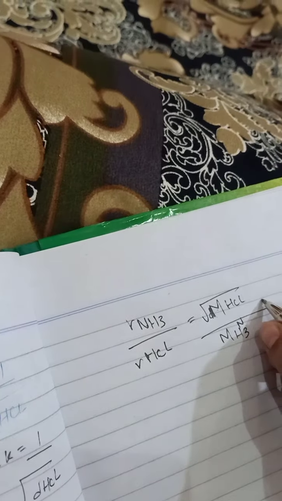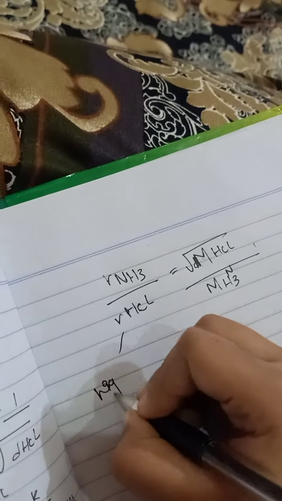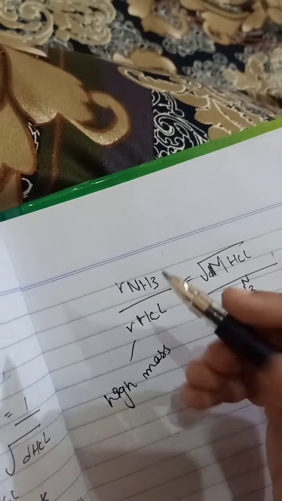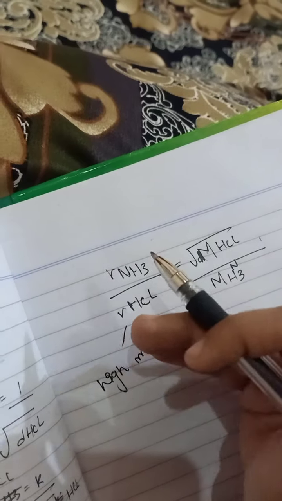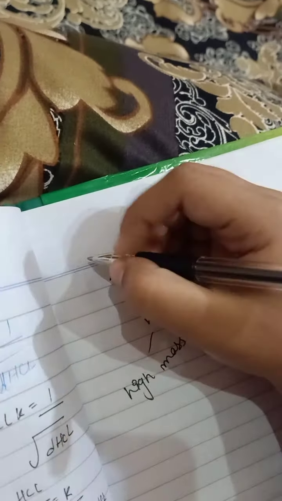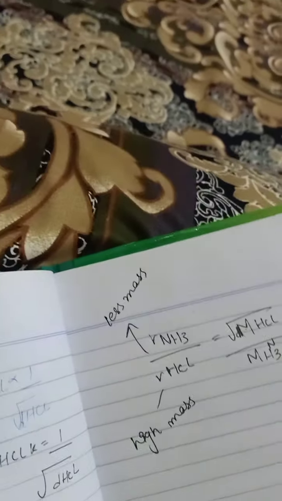So this is for the mass. Remember one thing: the denominator will have the higher mass and the numerator will have the lower mass.